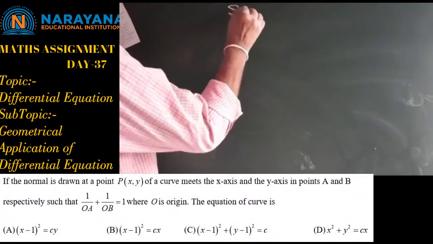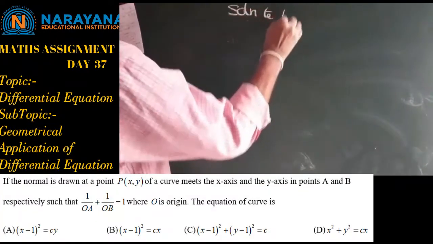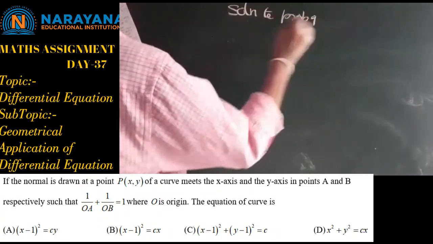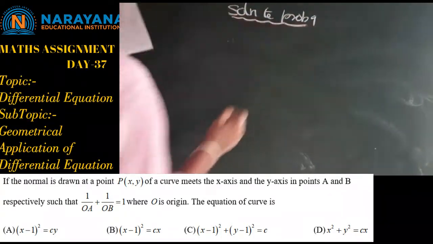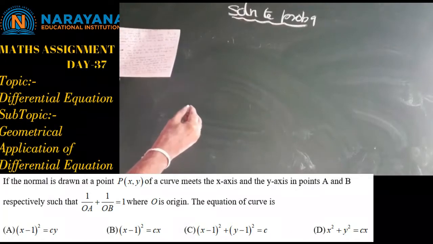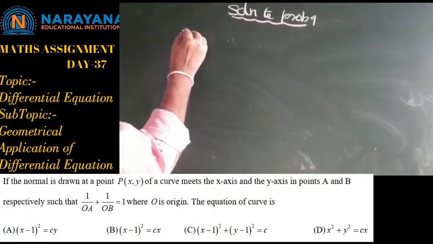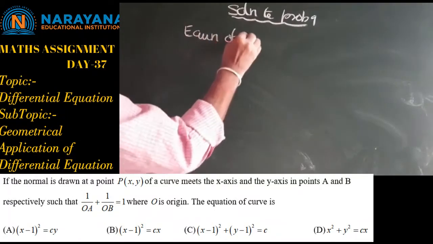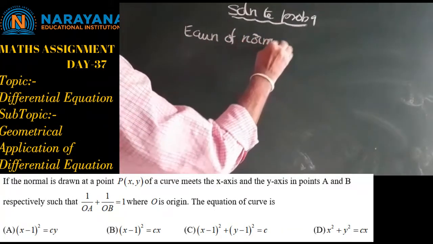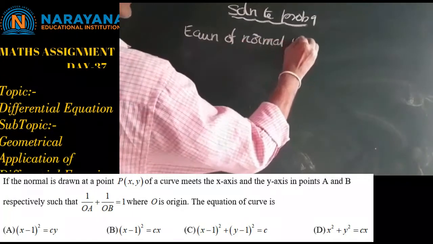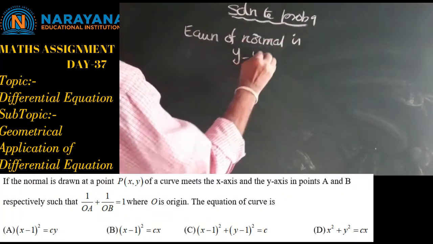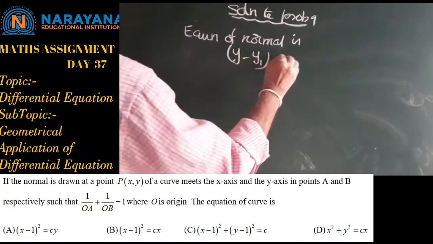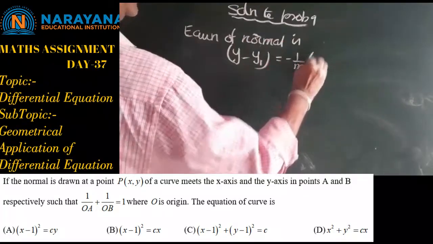Solution to problem number 9. It is given that the normal meets the x-axis at A and the y-axis at B. So I will write the equation of the normal at x1 comma y1: y minus y1 is equal to minus 1 by m into x minus x1.